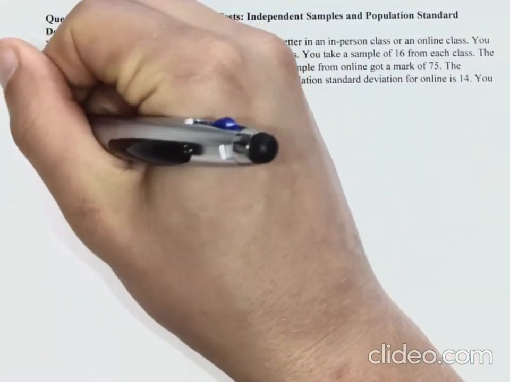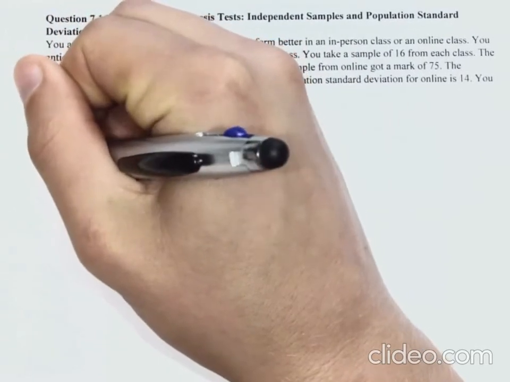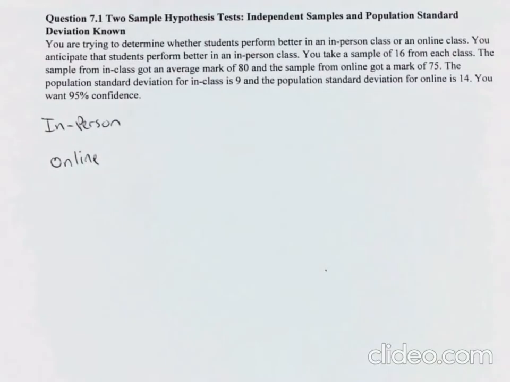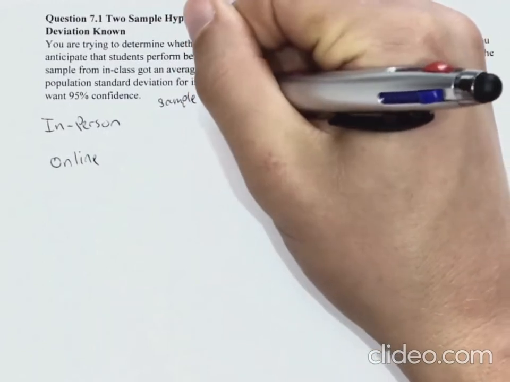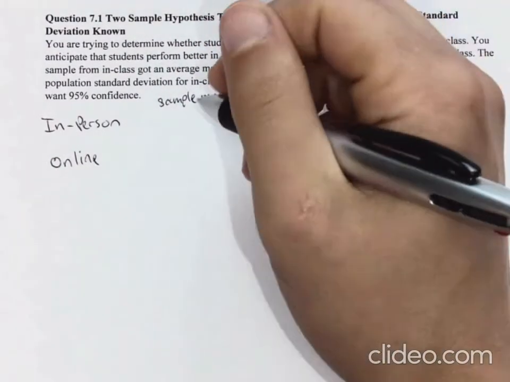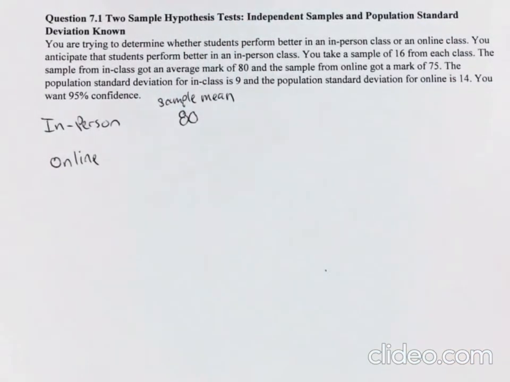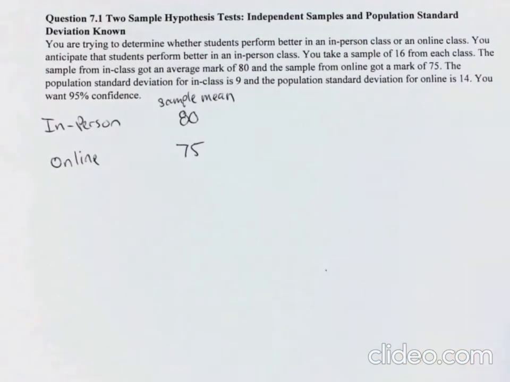So we have in-person classes, online classes. The sample mean of marks for in-person is 80, and the sample mean of online courses is 75.